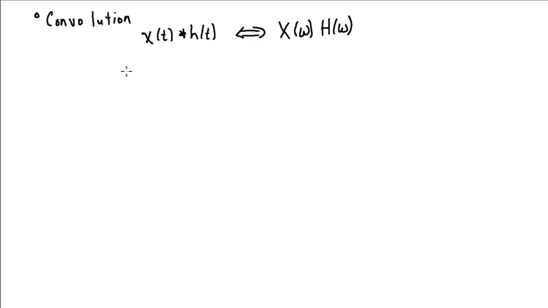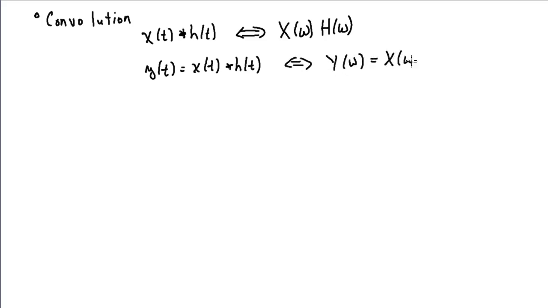We know that since y of t is x of t convolved with h of t, then again the Fourier transform of the output is just the product of the Fourier transform of the input and the Fourier transform of the impulse response, which is the frequency response of our system. So we can use this to find y of t by taking the inverse Fourier transform of this product.